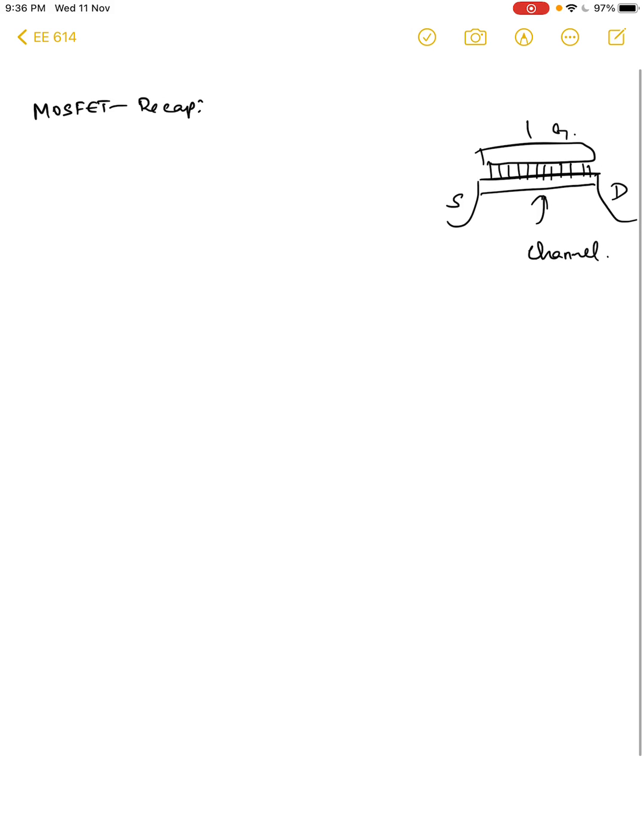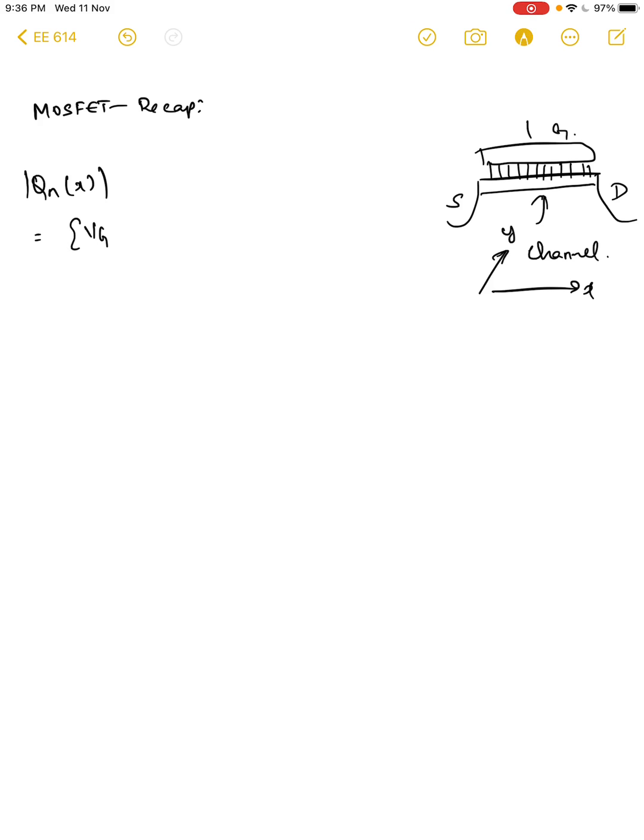So, we calculated the charge along the channel. We took this direction to be x and the width direction to be y, right? The charge along x is a function of the gate potential subtracted by the flat band voltage and the threshold voltage, right? So this comes as a threshold minus del psi I of y.